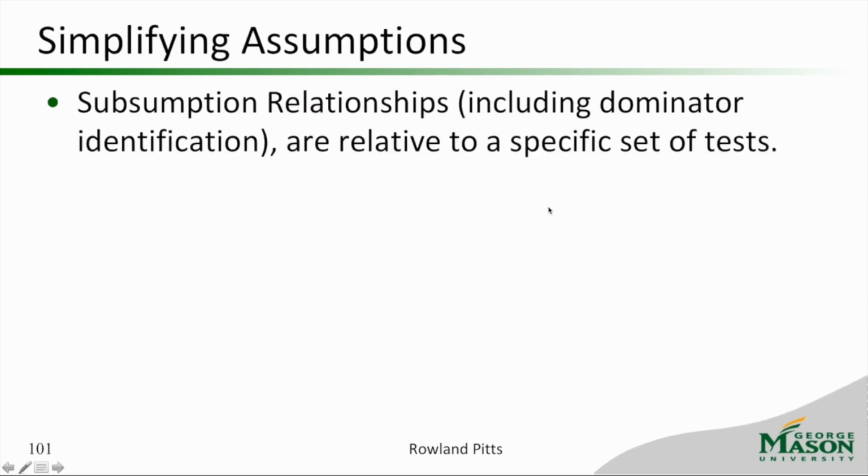So we've got some simplifying assumptions in play throughout this. The subsumption relationships, including dominators, are relative to a specific set of tests. Tester 1 writes tests, or tester 2, the relationships are going to change slightly.